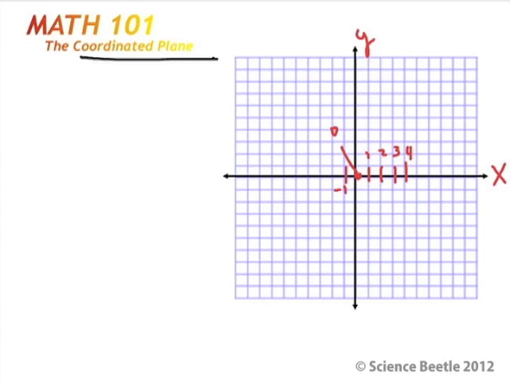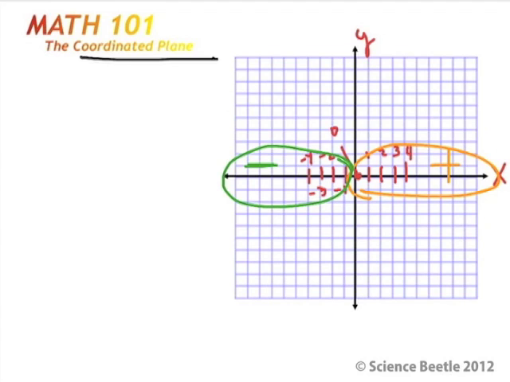So here we would have -1, this would be -2, -3, -4, and so on. As you move to the right of 0, numbers are going to be positive, and as you move to the left, numbers are going to be negative.